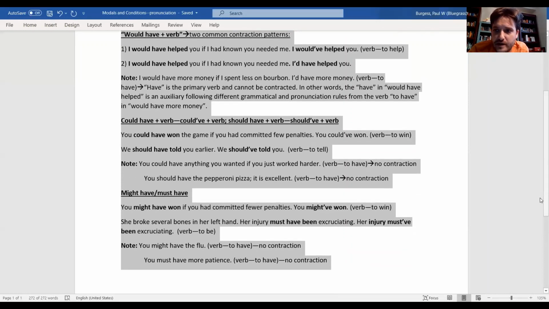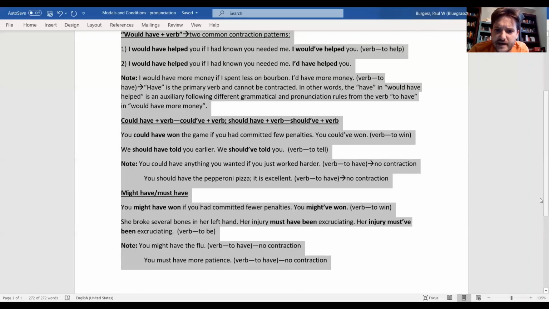Similar things happen with the modals might and must. You might have won. The verb there is to win. You might have won. It's in the past, though. You might have won if you'd committed fewer penalties. She broke several bones in her left hand.